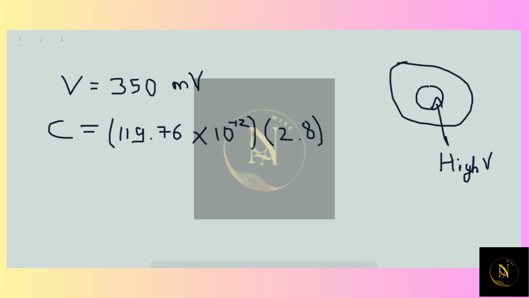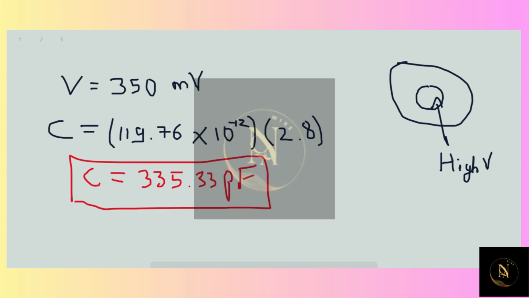If I calculate this quantity, the capacitance for the given cylindrical capacitor comes out to be 335.33 picofarad.